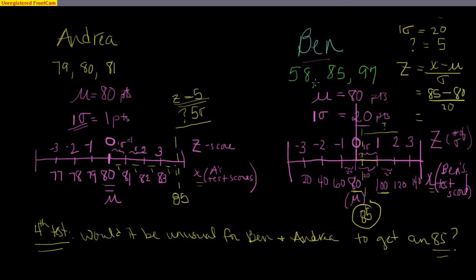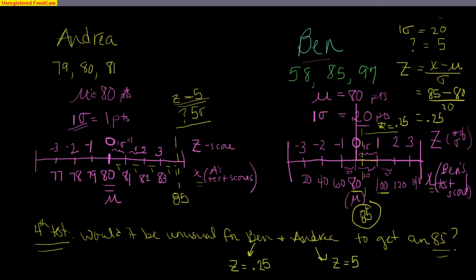You do all that on your calculator, you're going to get 0.25. So Ben is only 1/4 of a standard deviation above the mean when he gets that 85. So Ben's z-score is 0.25, while Andrea's z-score is 5.